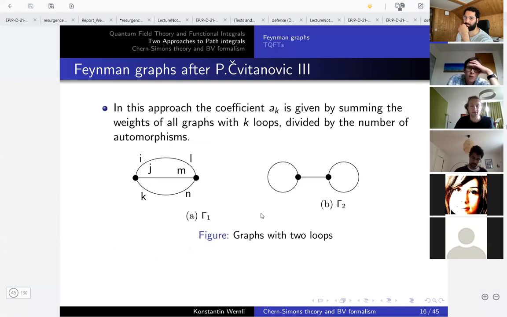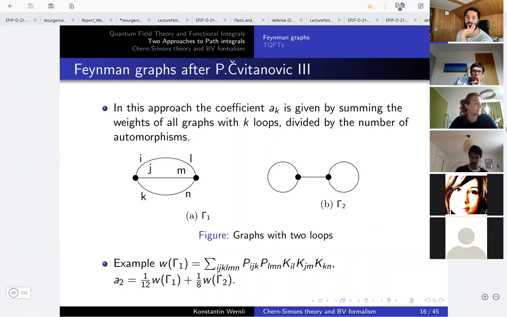So let's look at an example. The coefficient a_k is given by summing over all graphs with k loops, and you divide by the number of automorphisms of the graph. For instance, here are two graphs, gamma 1 and gamma 2. Here you would have certain particles interacting with each other.